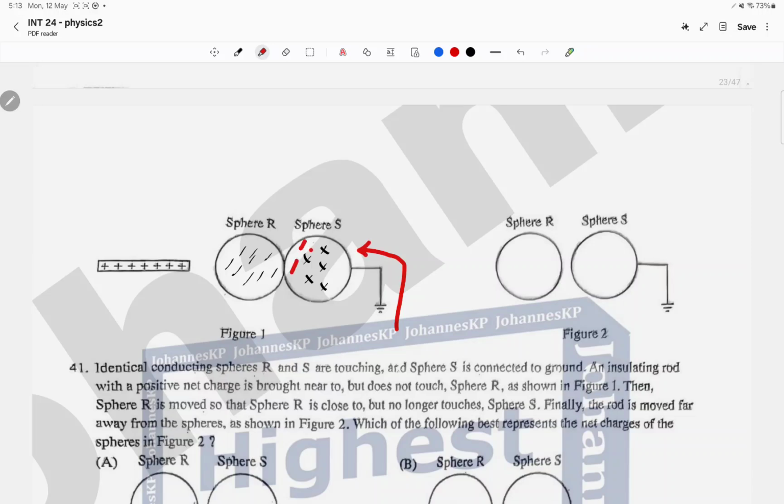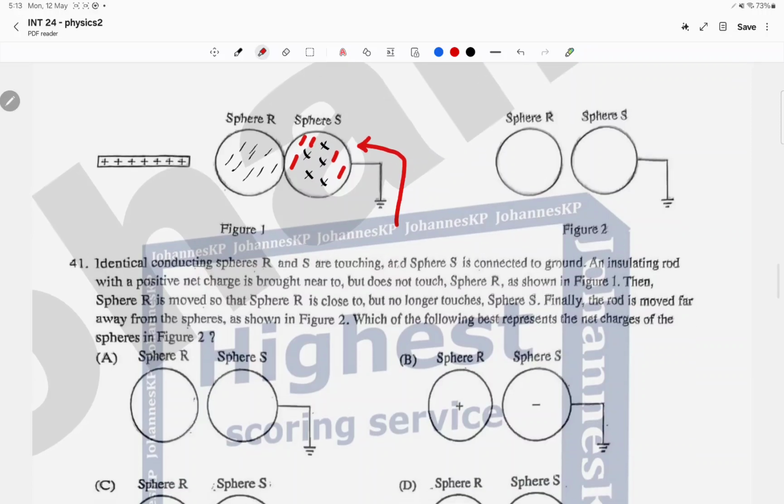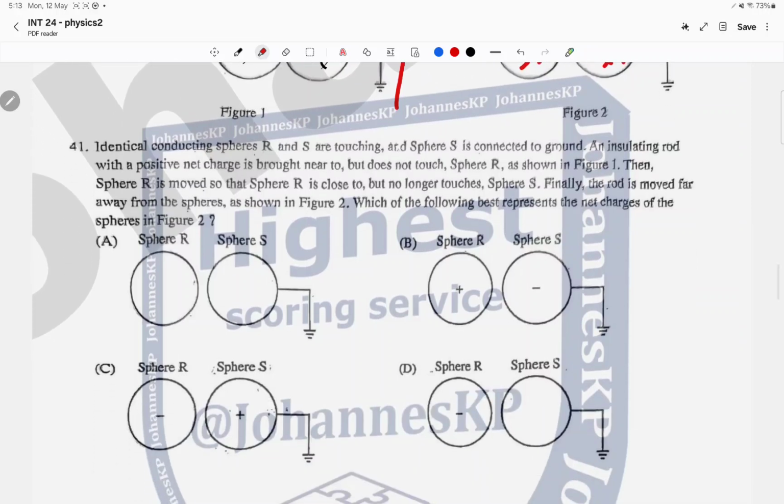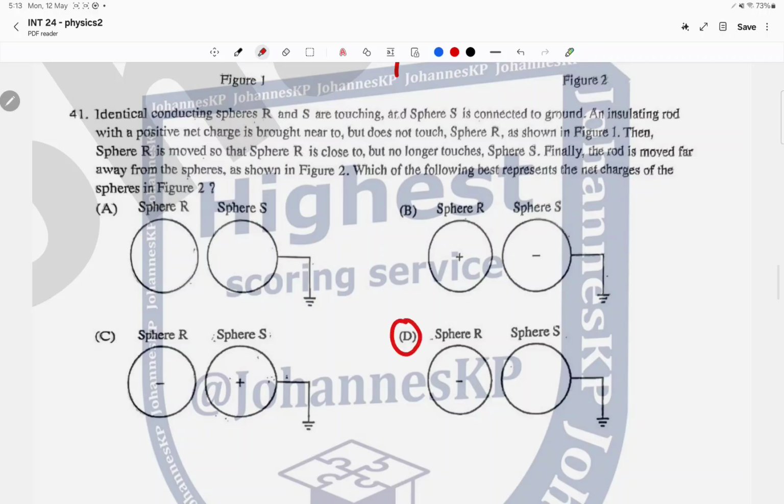So 1, 2, 3, 4, 5. Now sphere S is neutral, but R is negative. With the rod close by, this will remain negative. This will be neutral. 1, 2, 3, 4, 5. So S is going to be neutral, R is going to be negative, which is choice D. Okay.